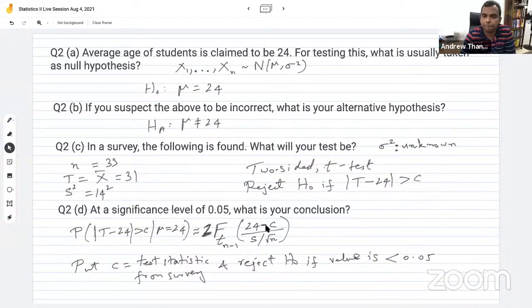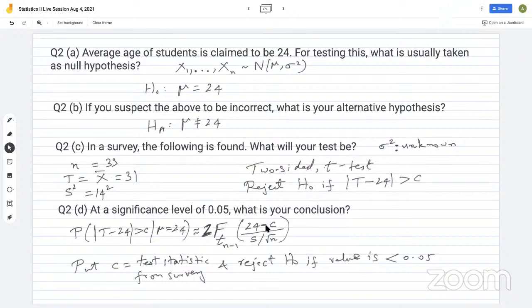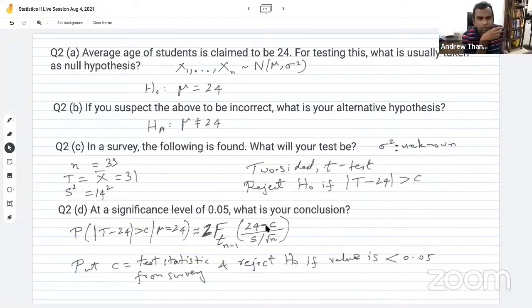Okay, at least two people are agreeing with me. Is that okay? No, sir, not getting it. Okay, I thought it was okay. Did I make any mistake here?